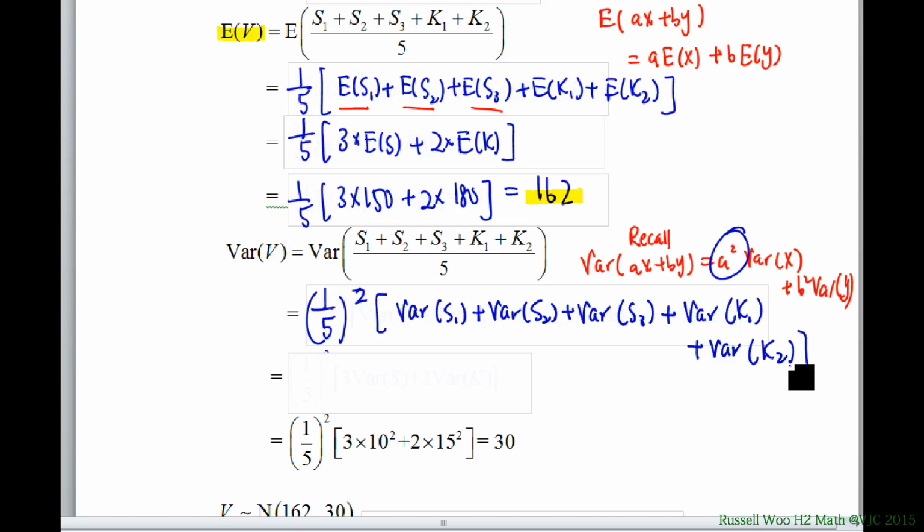Then it must be 1/5 squared times 3 times variance S plus 2 times variance K.